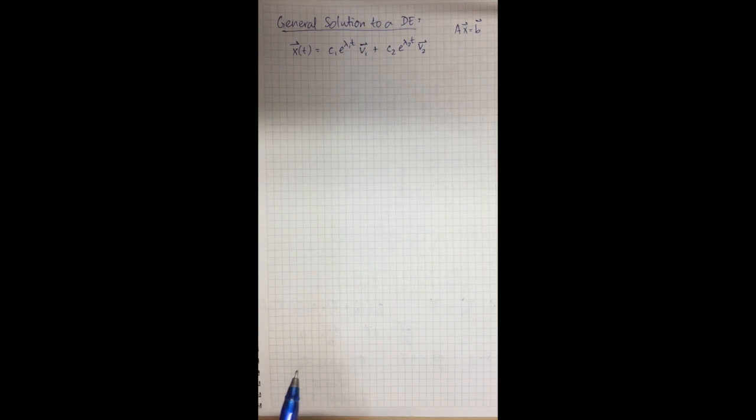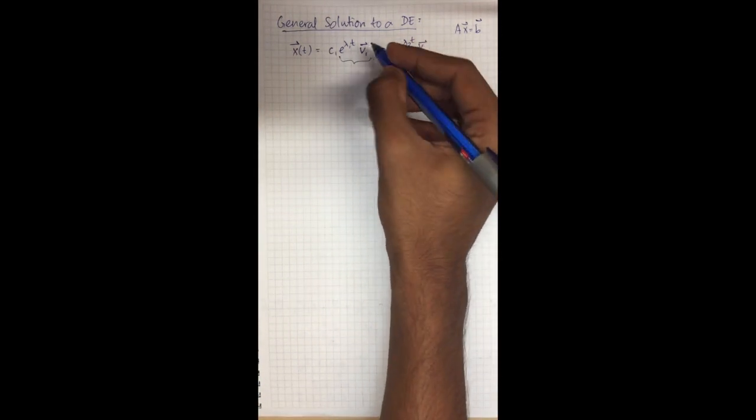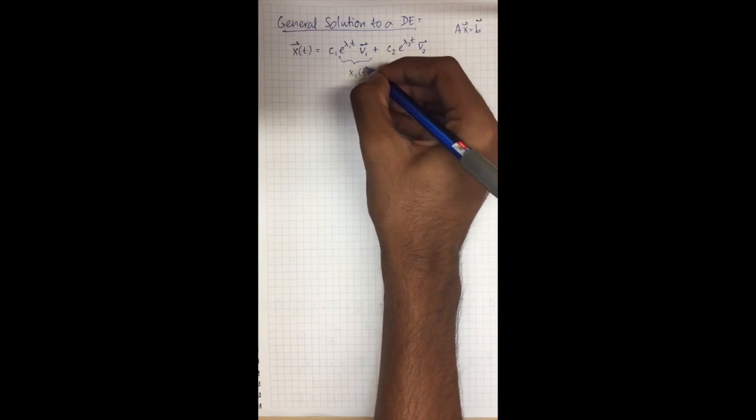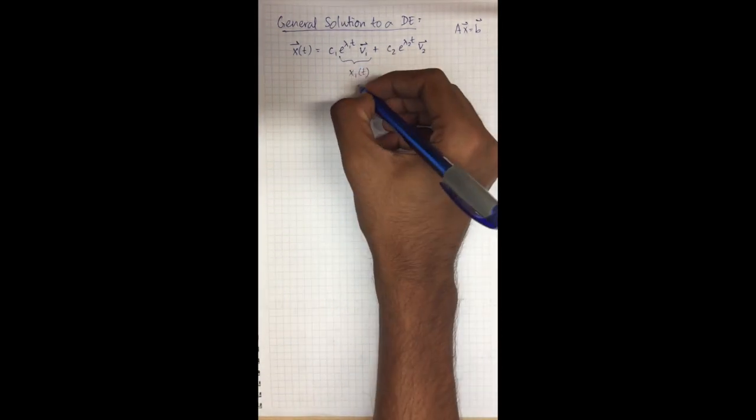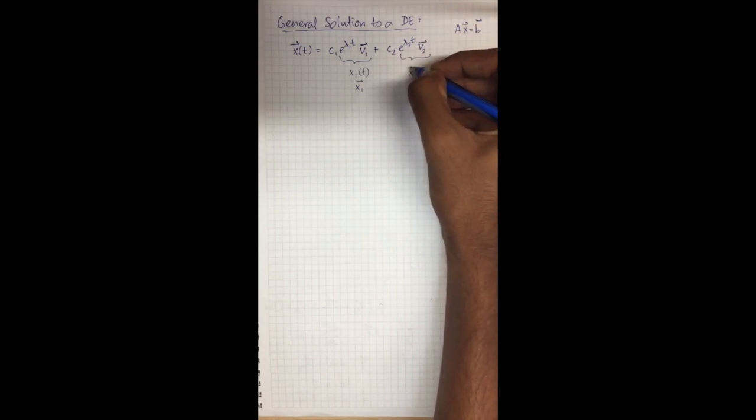Something that's important over here is that the answer is a linear combination, right? So this one we can call x1 of t, or x1 vector, I'm just using the vector symbol, and let this be x2.